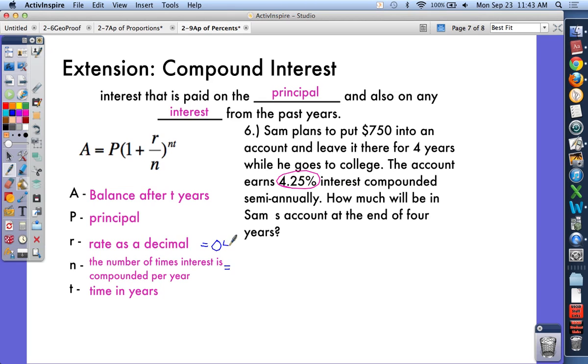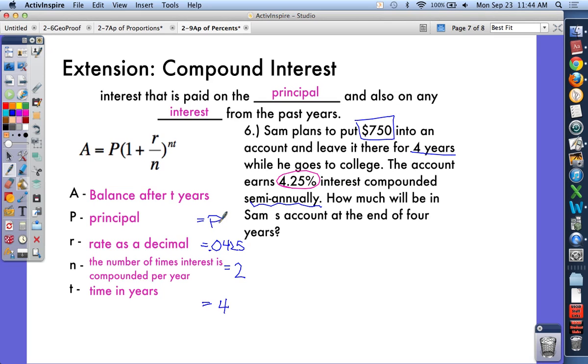So 0.0425, put the decimal point in there. It's going to be there for 4 years, so that's your t. It's semi-annually, so that's twice a year, that's n. And then the principal is the 750.